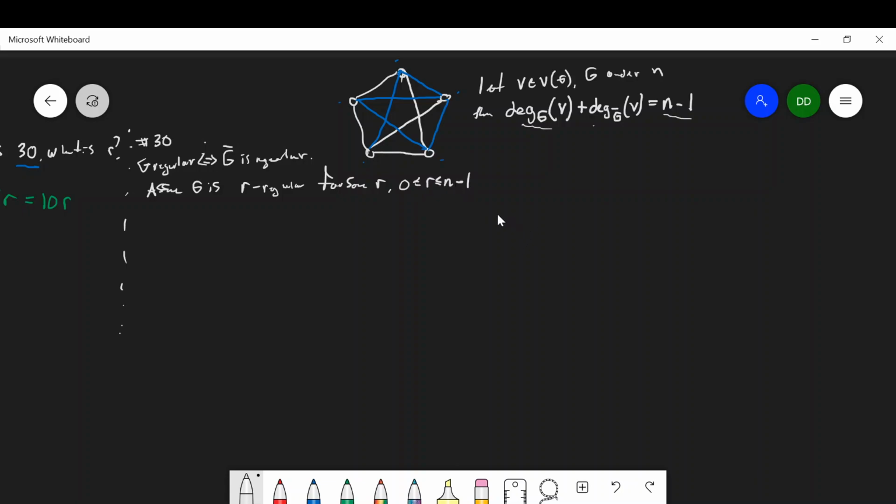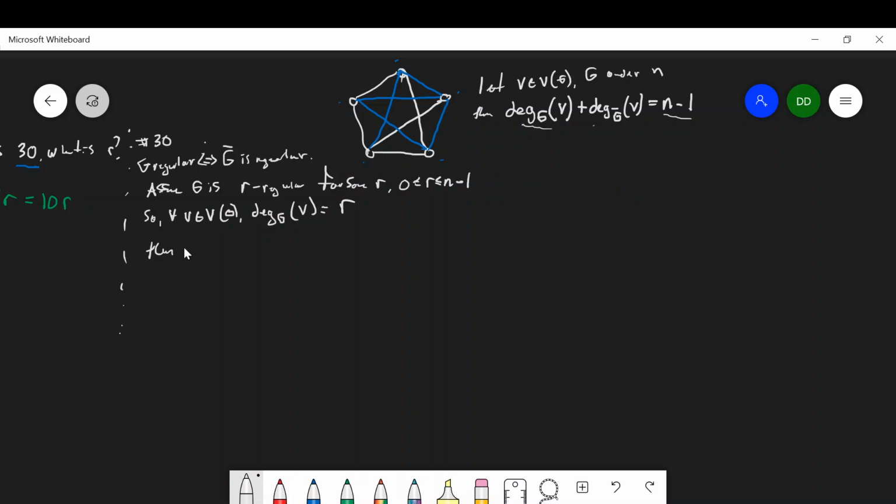It's the maximum possible degree. What that means is that for all vertices V in the vertex set of G, the degree in G of V is equal to R.